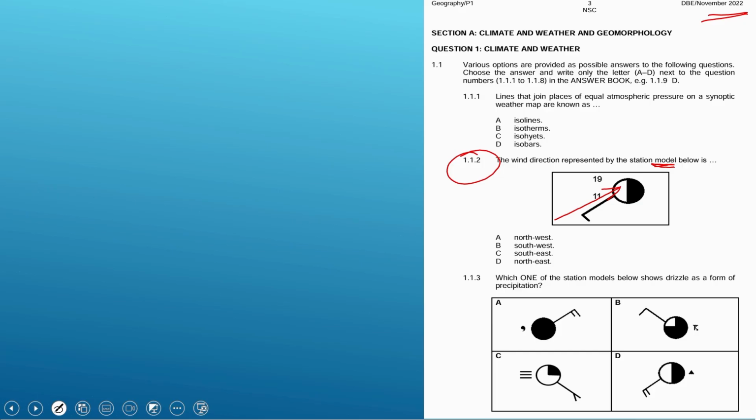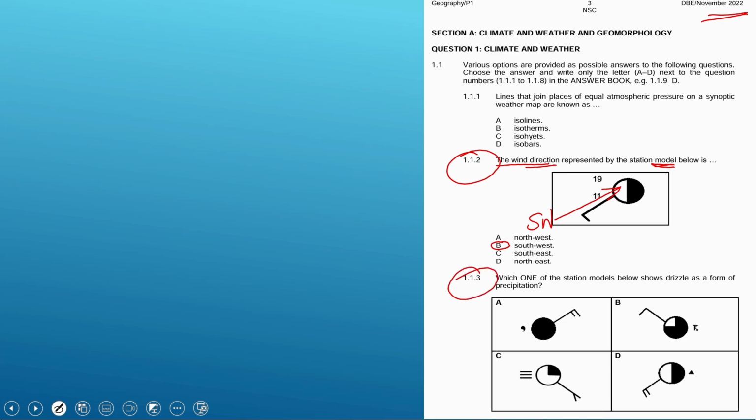So this one is actually from the south, but also from the west. Remember, winds are named according to where they originate. So that's your answer there, southwest. The wind direction is from the southwest into the weather station, okay?